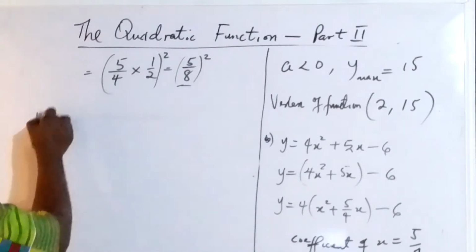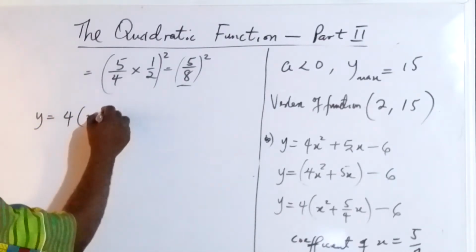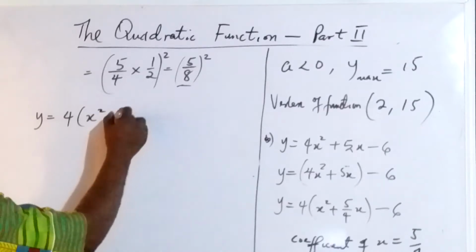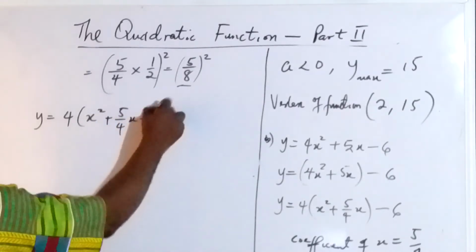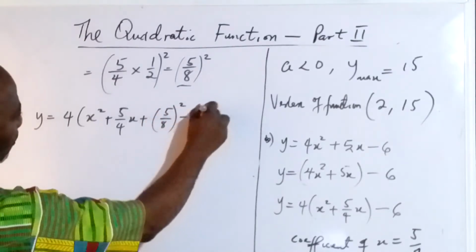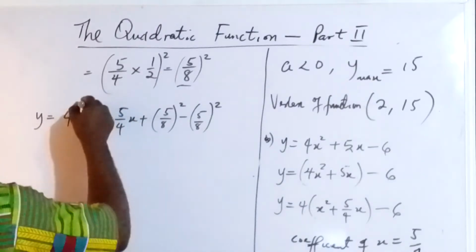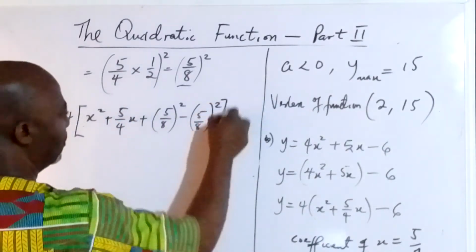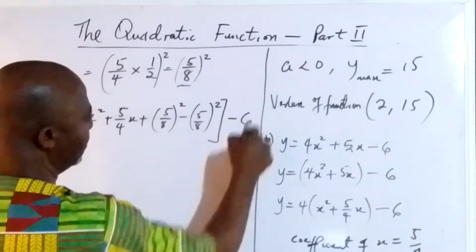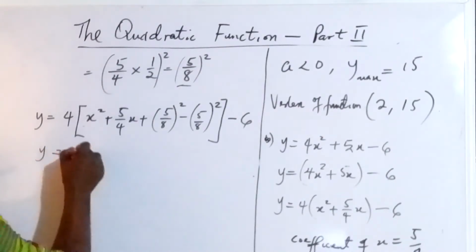So we have y equal to 4 open bracket x squared plus 5 over 4x, then plus 5 over 8 squared minus 5 over 8 squared. Okay, so let me go back to my square bracket, then minus 6. So I am going to come over here and say y equal to 4.